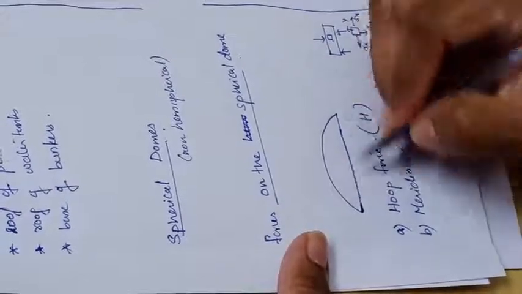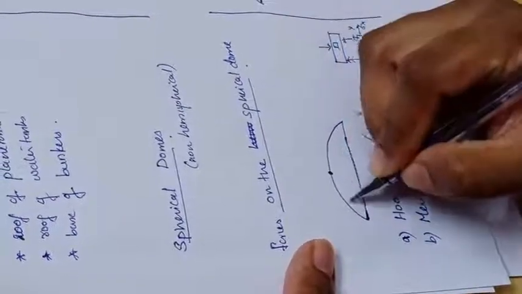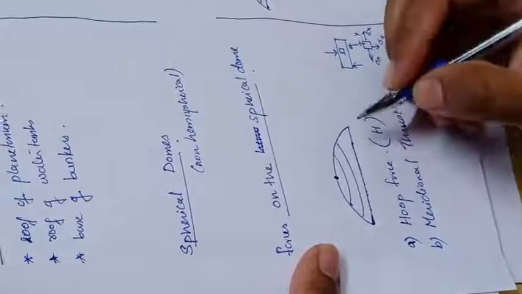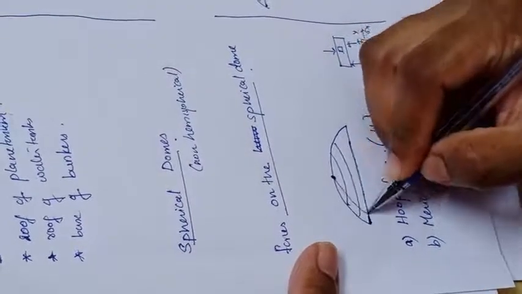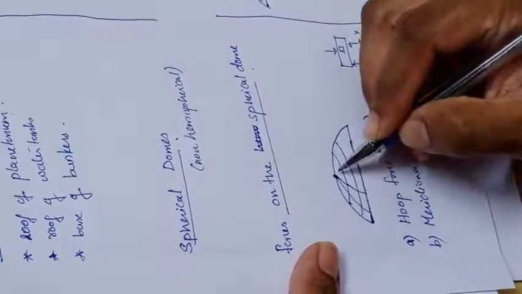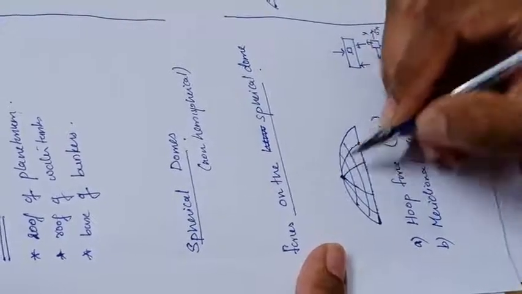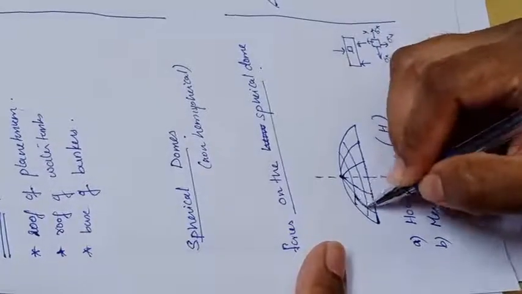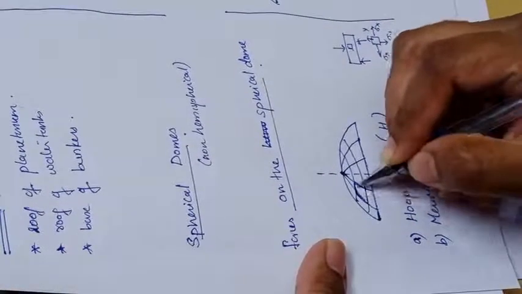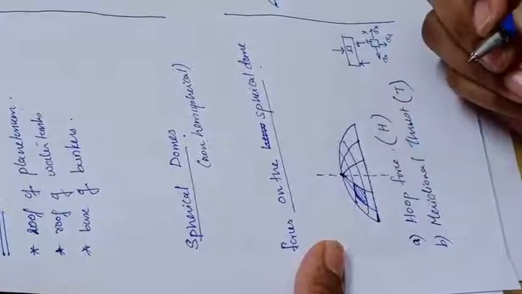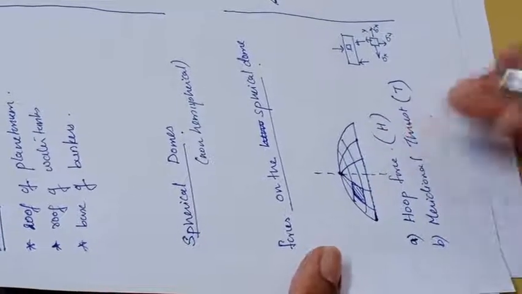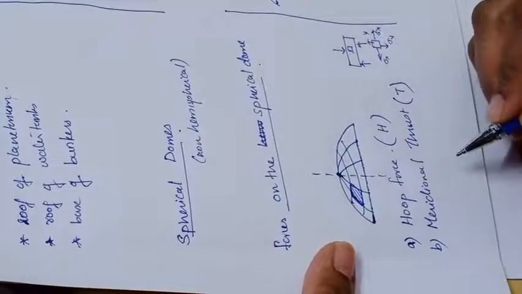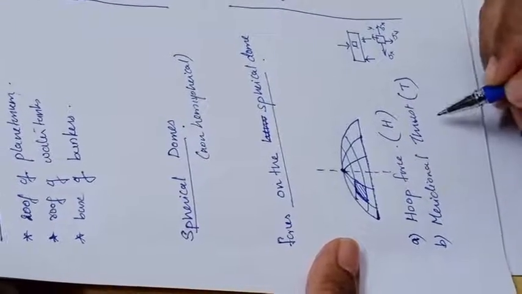So if this is the dome and we have these circular rings, that is latitudes, and then from here we will have these meridians. Say if this is the axis, and we consider a small element like this, this element will suffer from hoop force and meridional thrust.